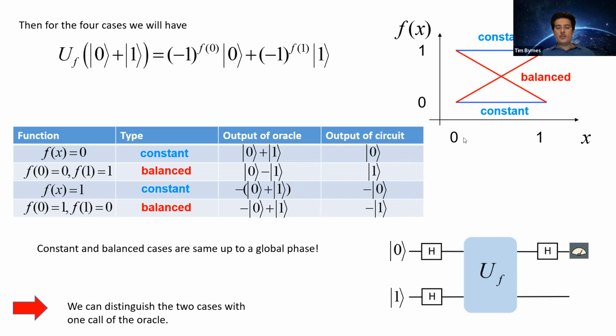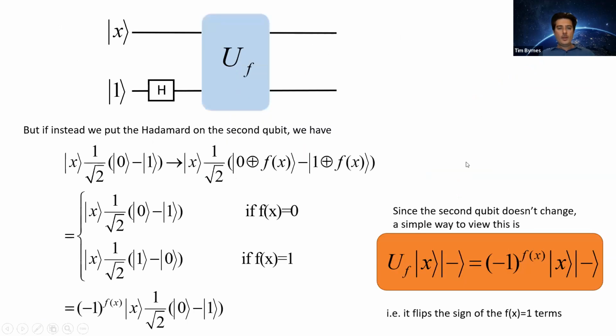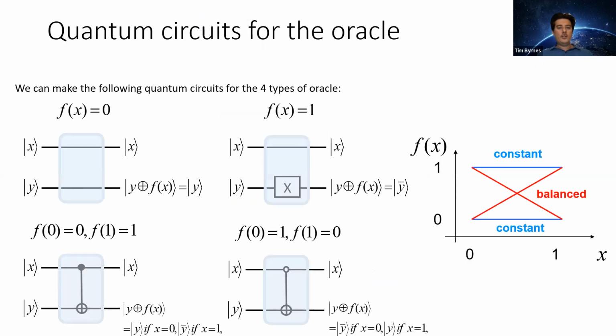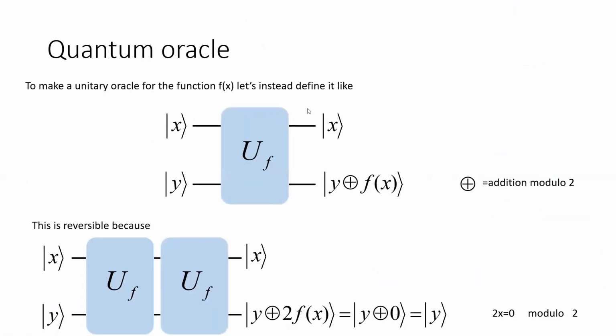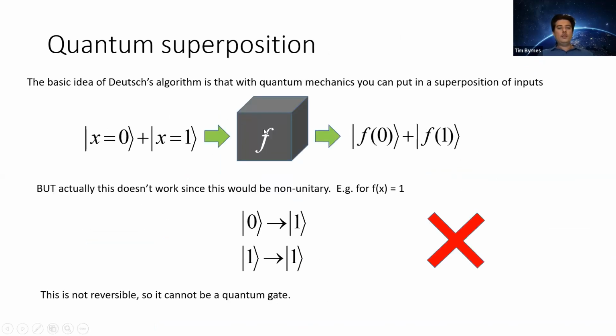So remember, how do we get at this oracle? Well, we were complaining that if I tried to make an oracle like this, it is not unitary, so I can't make this oracle.